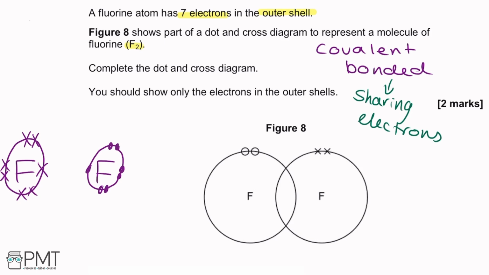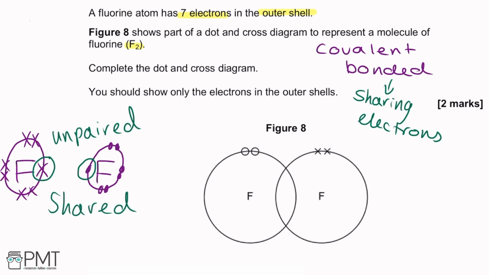Now hopefully what you can see in these fluorine atoms that I've drawn is that this electron and this electron are unpaired. So what could happen is we could have these electrons as our shared electrons. Each fluorine could share that electron, and essentially that would mean that each of the fluorines would have a full outer shell.